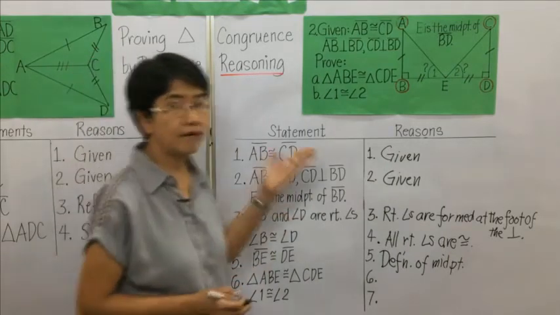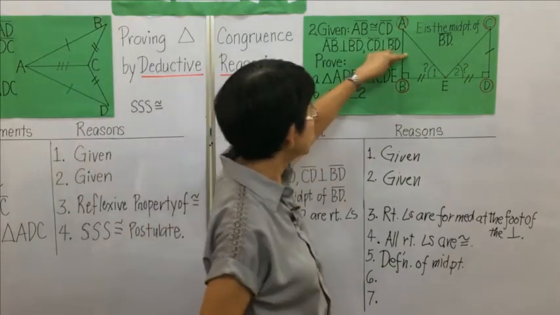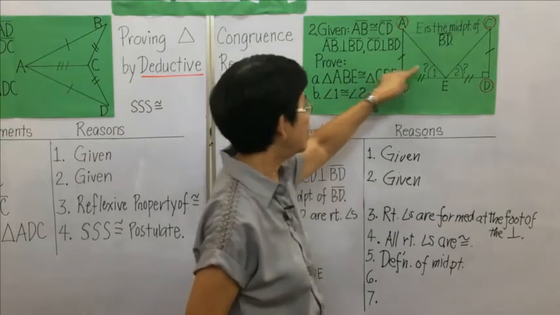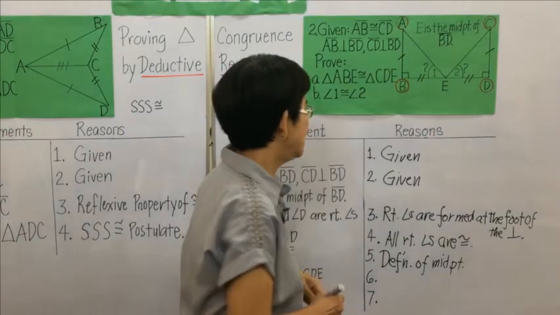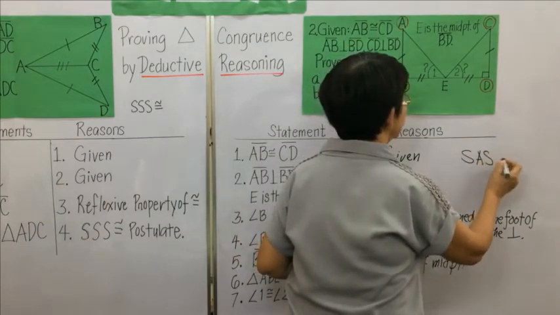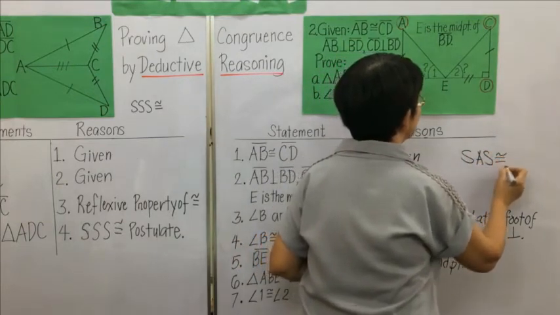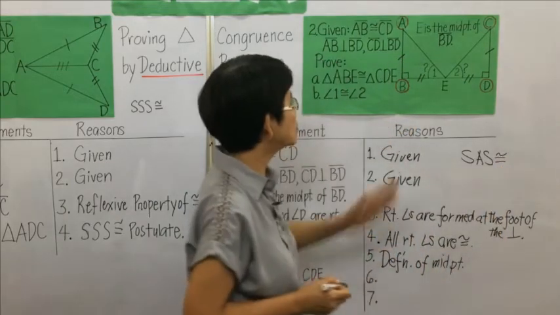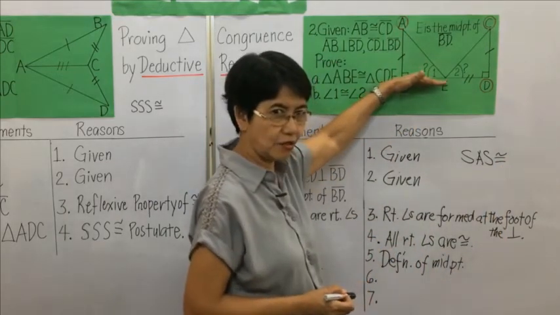So if you look at the figure, we have one side, one angle, and another side. So we can use either the SAS congruence postulate, or we can also use the leg-leg congruence theorem.